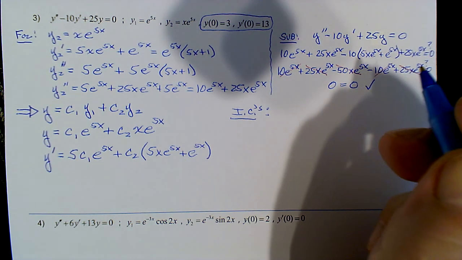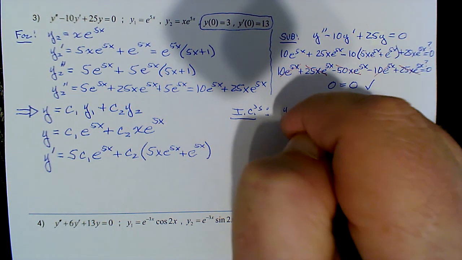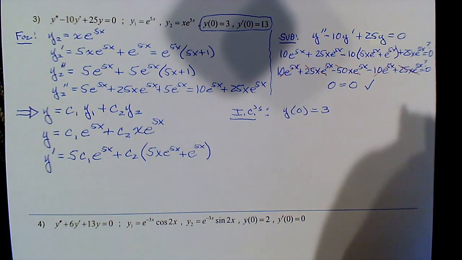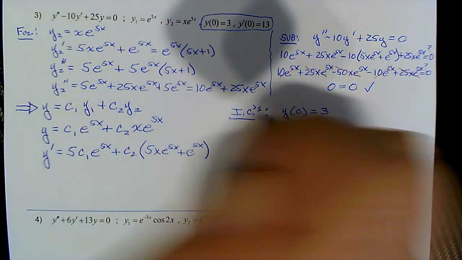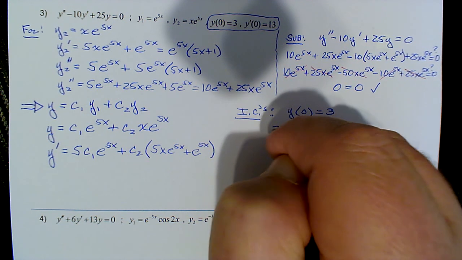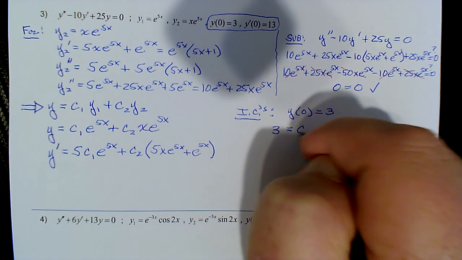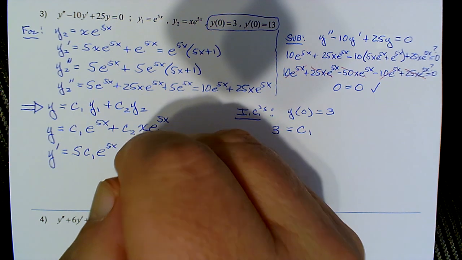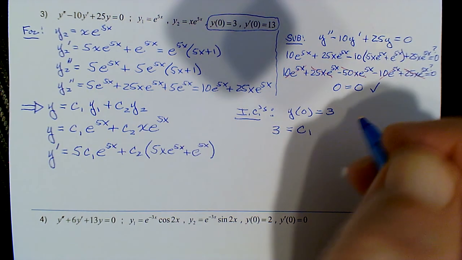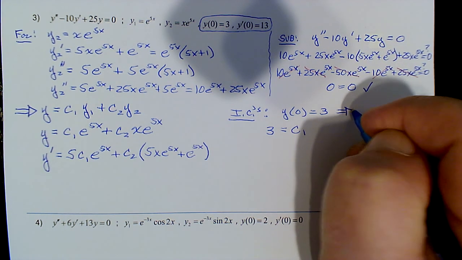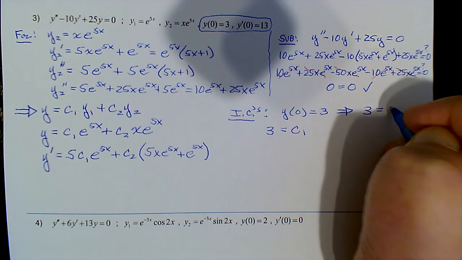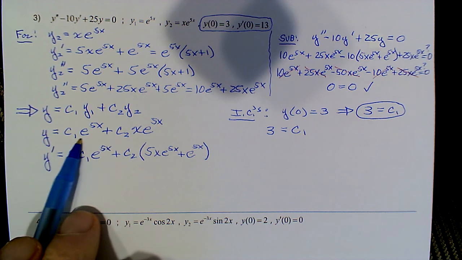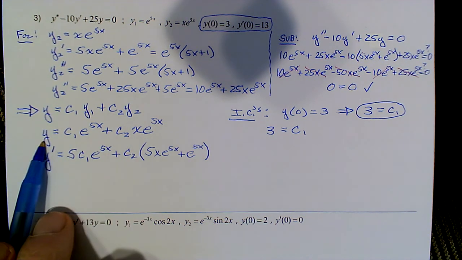So first initial condition, y of 0 is 3. So going to y, we have that 3 is equal to c1, and that's all there is to it, because we're substituting into y, x is 0 and y is 3.